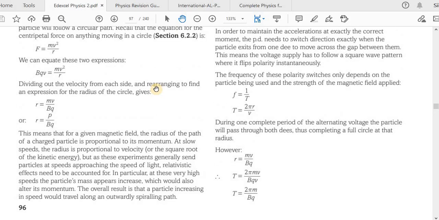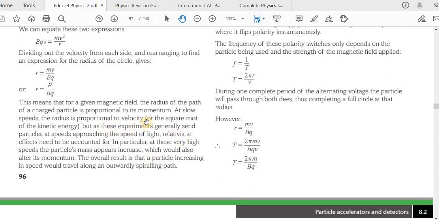If you substitute it here, then it will have the square root of kinetic energy. So r will be proportional to the square root of kinetic energy. You can even try that: use the kinetic energy equation, make v the subject of the equation, substitute here, then you will see r is proportional to the square root of kinetic energy.